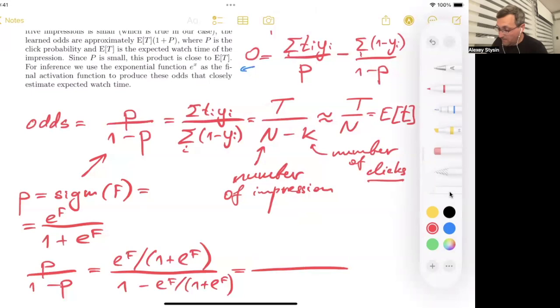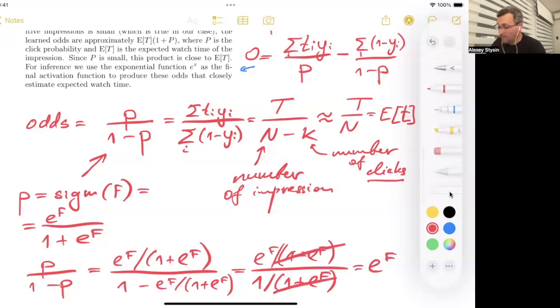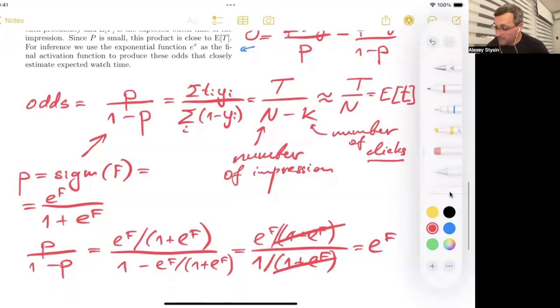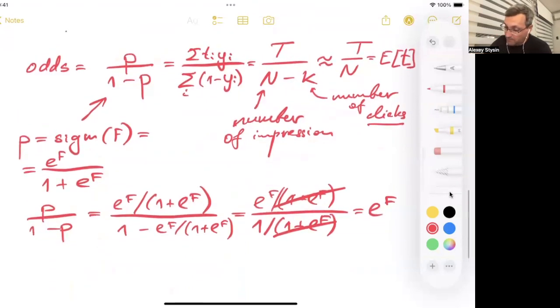And now by rearranging terms a little bit, we get e to the f here, the same stuff, but at the bottom we are going to get 1 over 1 plus e to the f. So these denominators cancel, and we end up with e to the f.